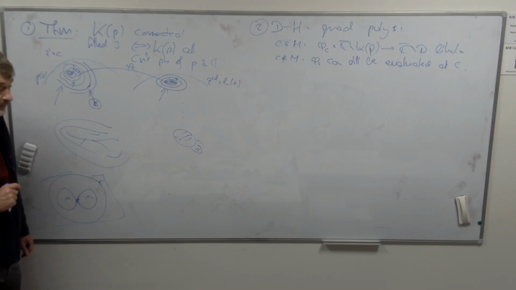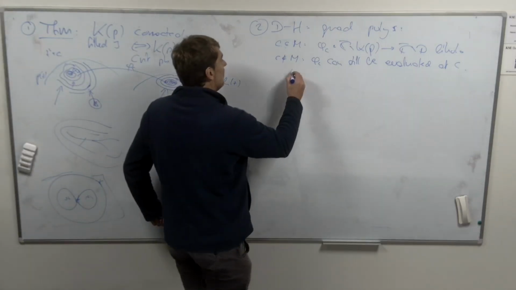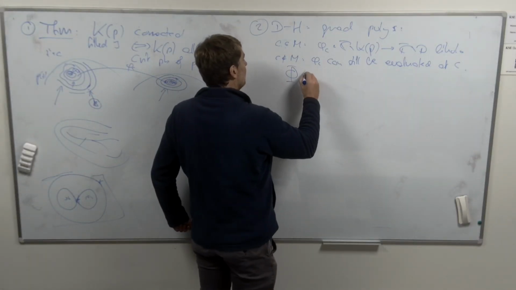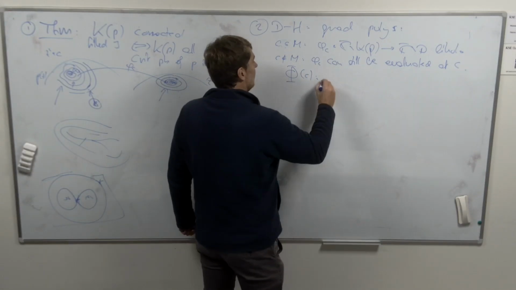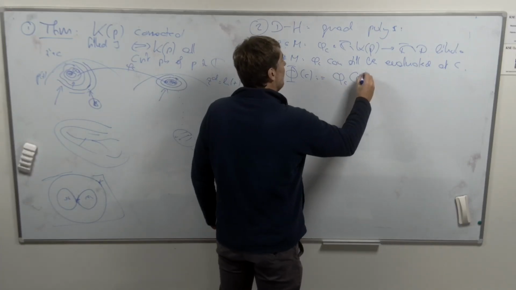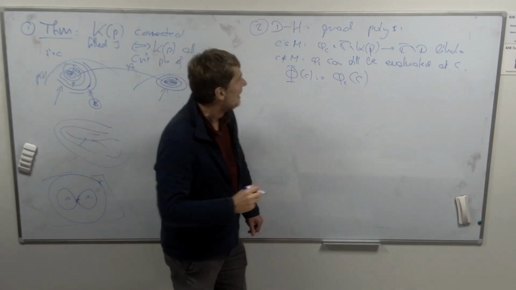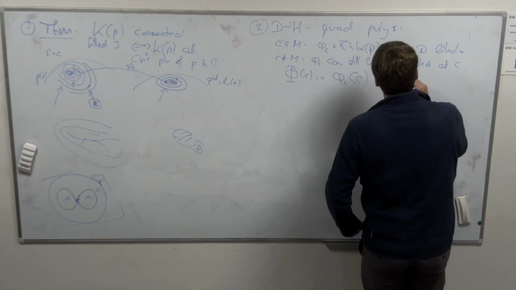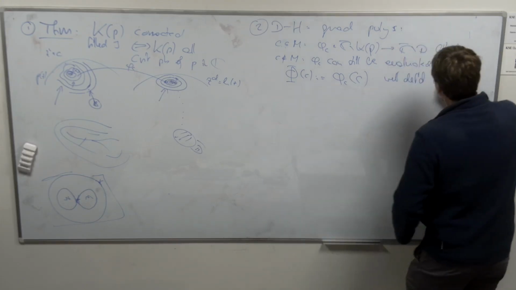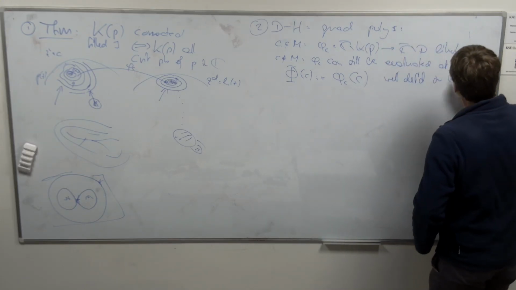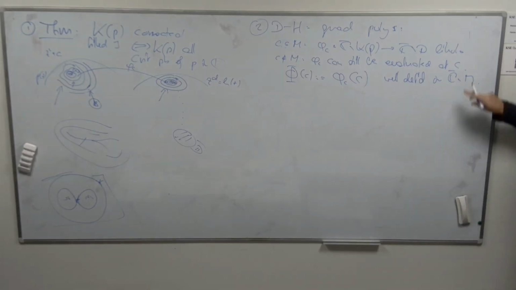Okay? So they define a map, capital Phi, of c to be phi little c evaluated at c. And this map is well defined on the complement of the Mandelbrot set. Well, infinity, you can set infinity to infinity. Okay.